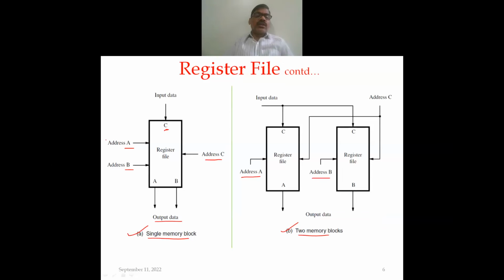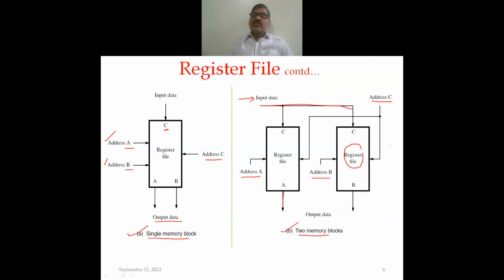Instead of two addresses for a single memory block, here we have one input address for one register file and another input address for another register file. This is the output A and this is the output B, and we have an address C, which is connected to the input data.